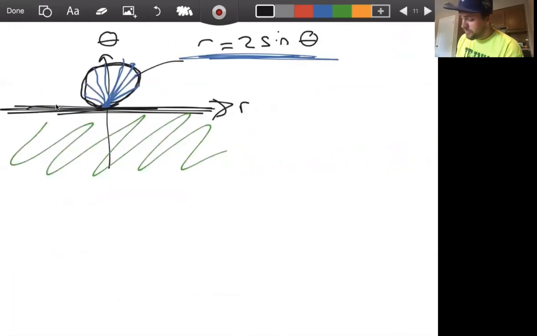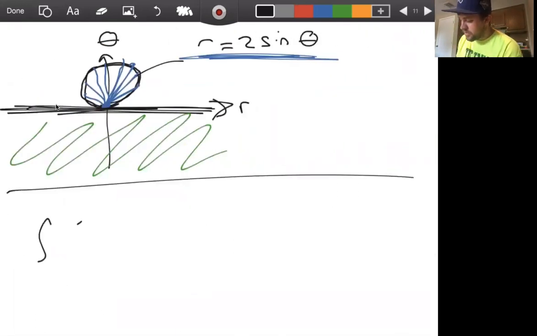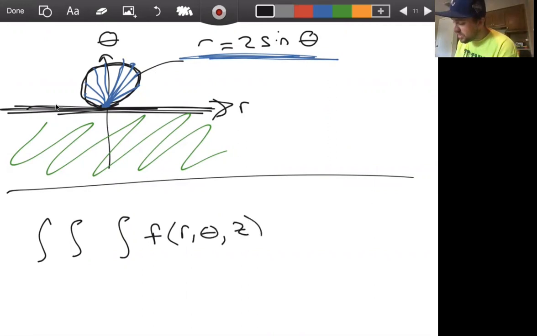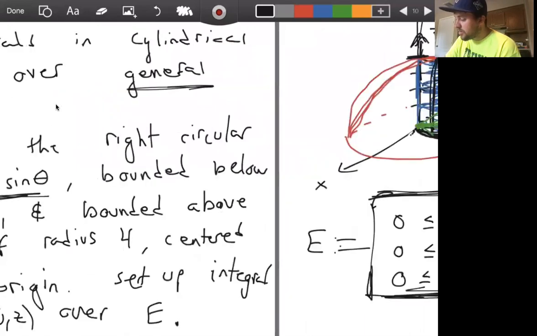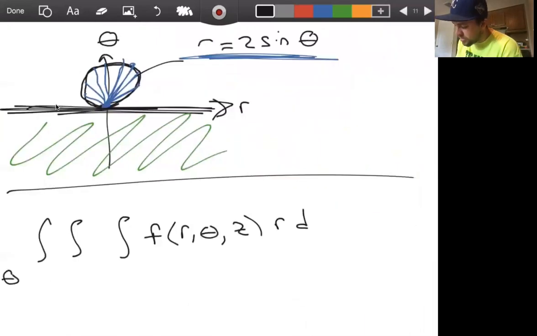So setting up the triple integral of this arbitrary function, f of r theta z, r dz dr d theta. So now let's pick the order here, right? Well, so we're looking at our z bounds, and I see that my z bounds depend on r, and then my r bounds depend on theta, and then my theta bounds are constant, right? And so whichever bounds are constant, I know has to be last. So theta goes from 0 to pi.